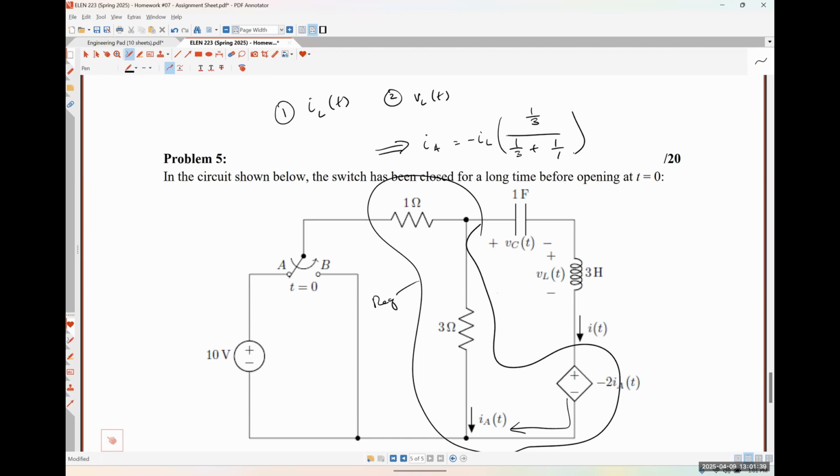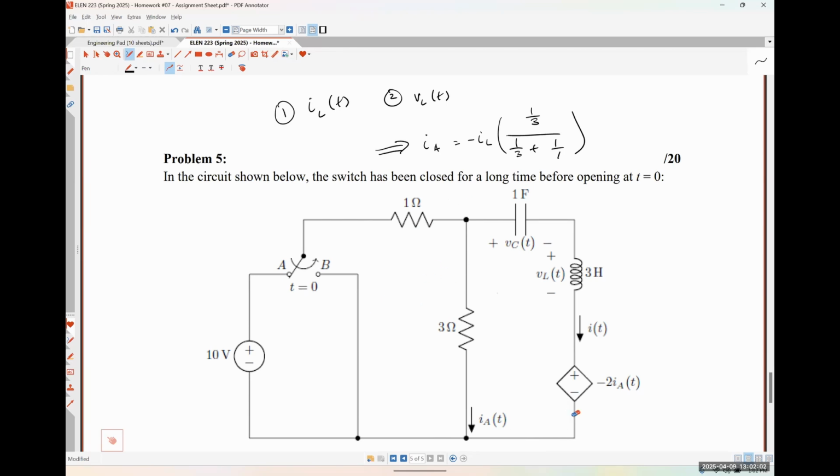Realistically, if you use the capacitor quantities, I of t is still the capacitor current. So if you can solve for that, you can use that current division relationship. But if you don't do that, that's where it gets significantly more difficult. So let me just think about this real quick.